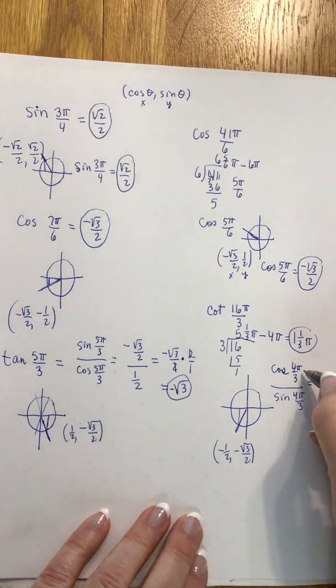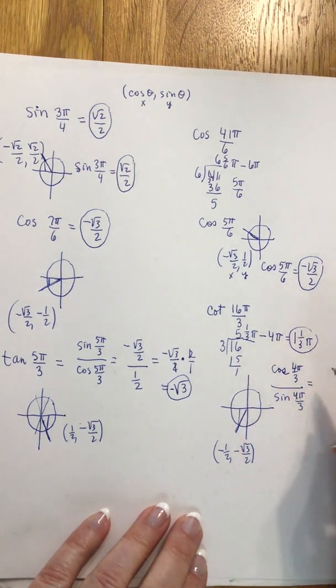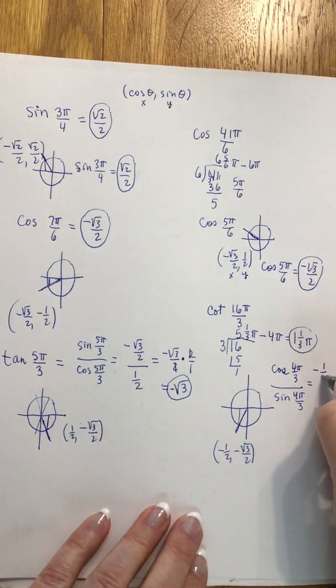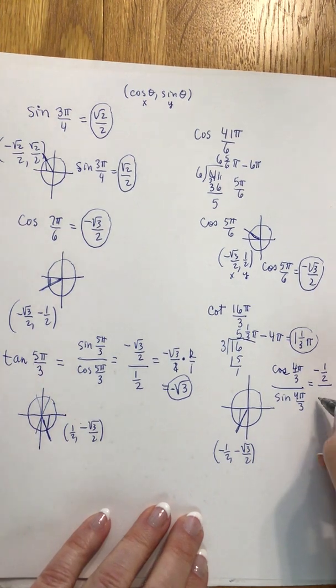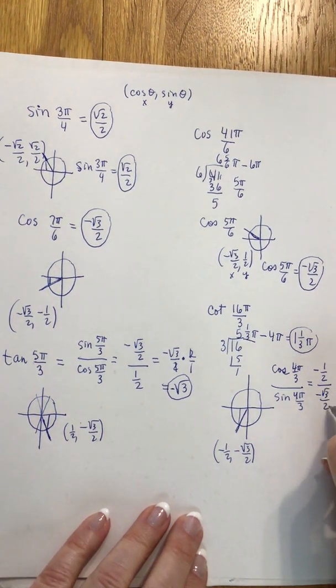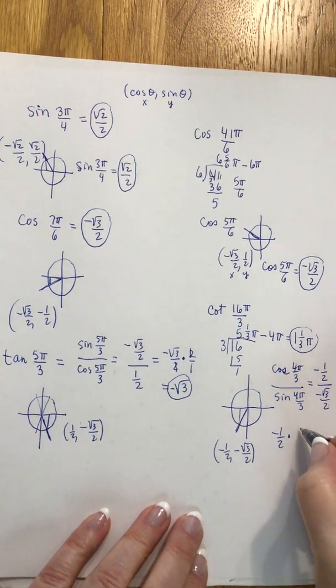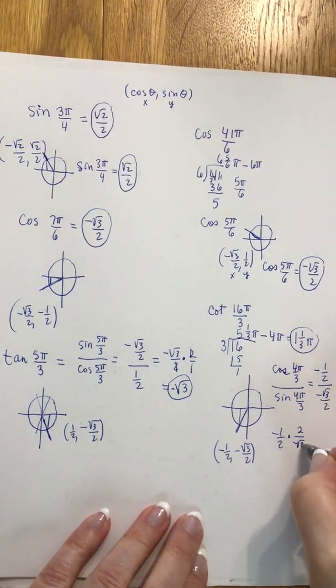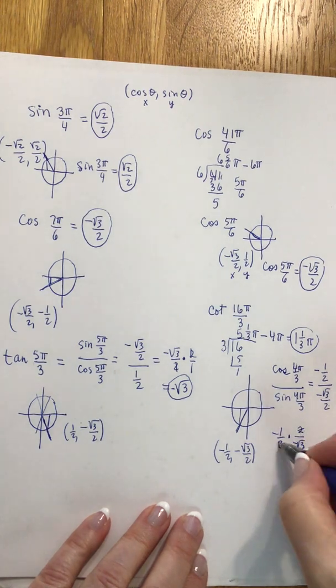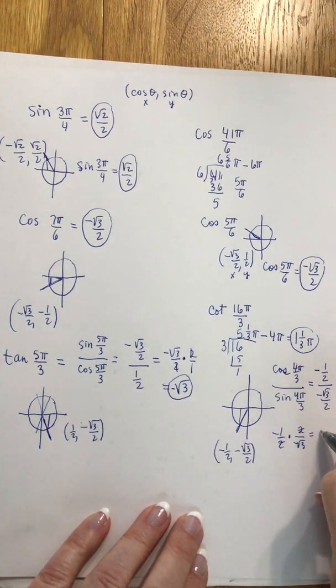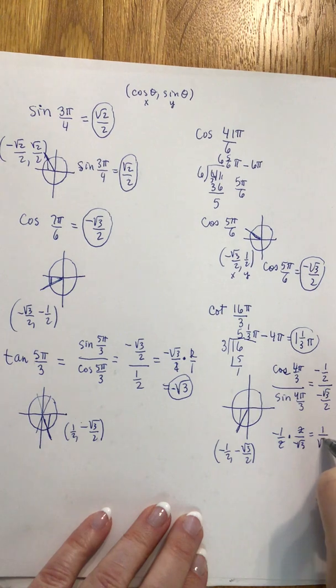So cosine 4 pi over 3, we know is the x value. So I have negative 1/2 over sine, which is negative square root of 3 over 2. So I have negative 1/2 times the reciprocal, 2 over negative square root of 3. So the 2's cancel. Negative divided by negative gives me a positive 1 over square root of 3.